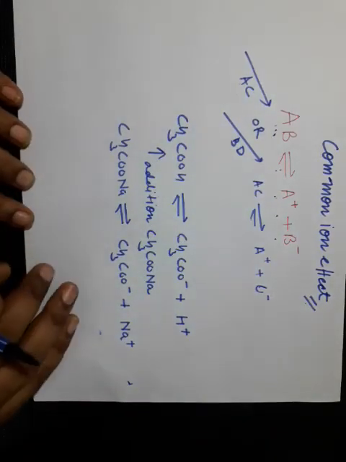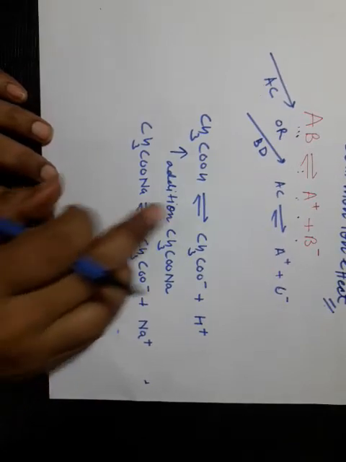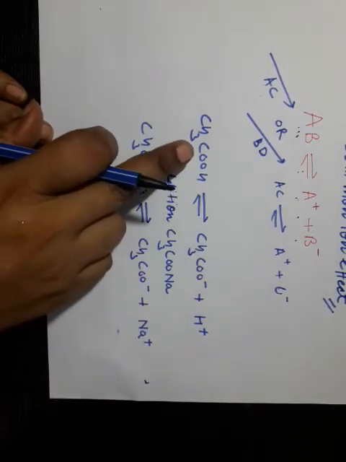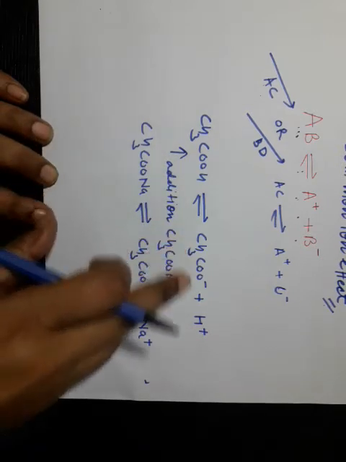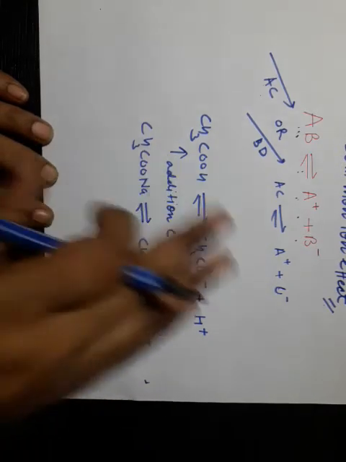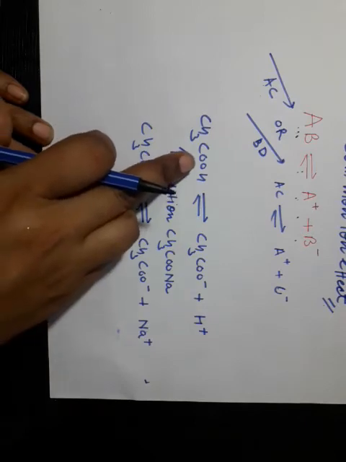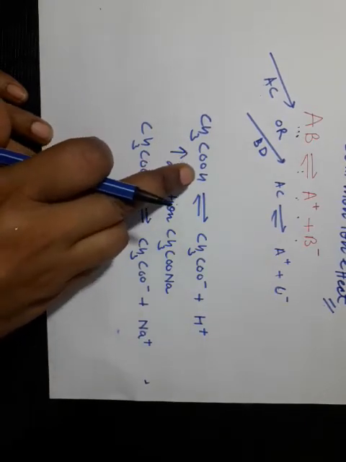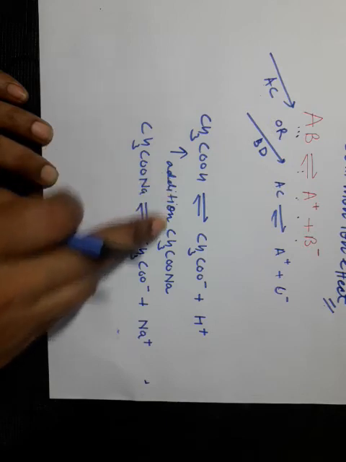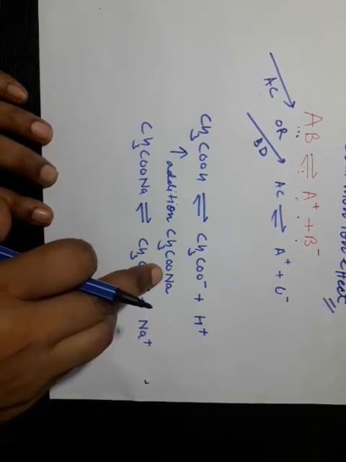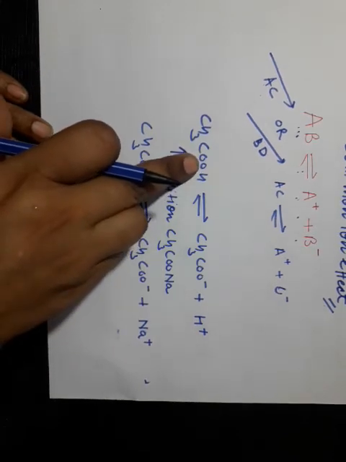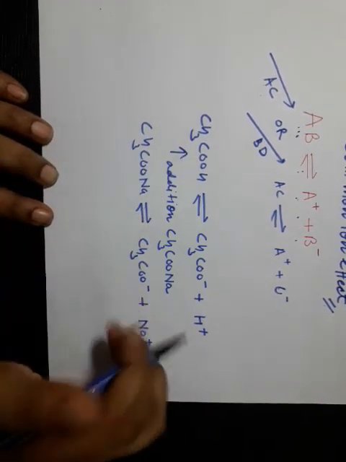See, let's take the example of acetic acid. Acetic acid is a weak electrolyte. It dissociates into acetate ion and hydronium ion. If we add the salt of acetic acid, which is a strong electrolyte, we have taken the sodium salt of acetic acid.